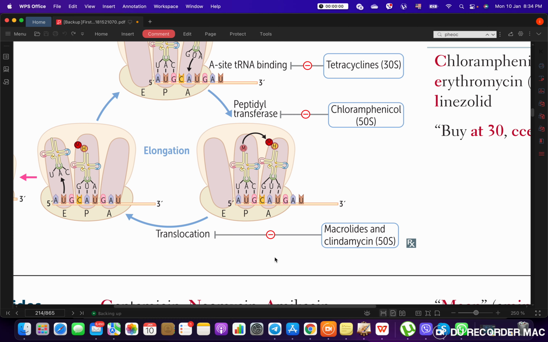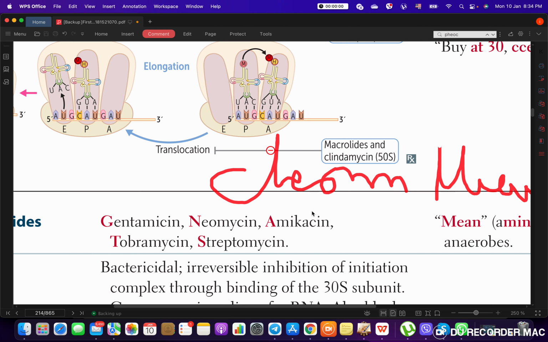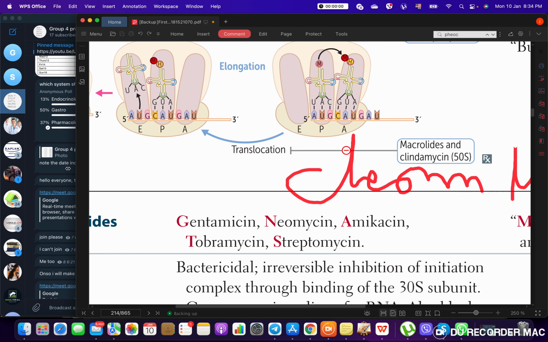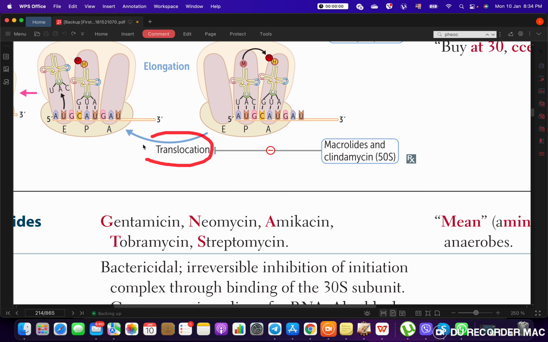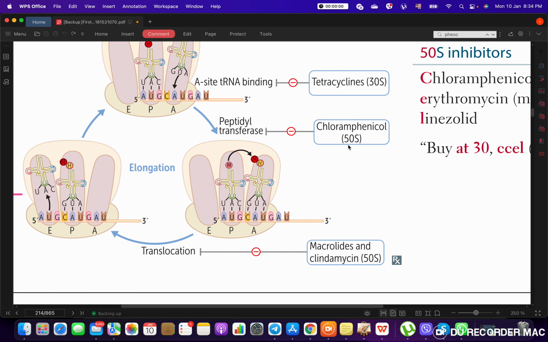There was this mnemonic, I don't know if it will work for you, but it says a clean Mercedes transporter, or a transport clean Mercedes, which is translocation, macrolide, and the clindamycin. A transport clean Mercedes, if that works for you.